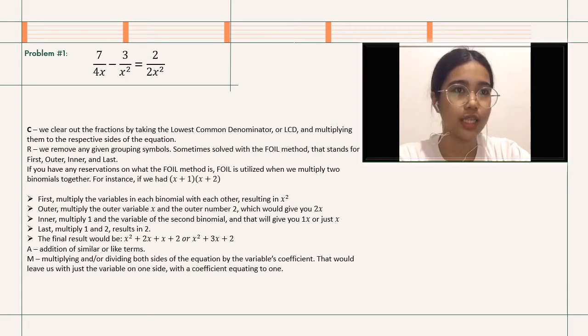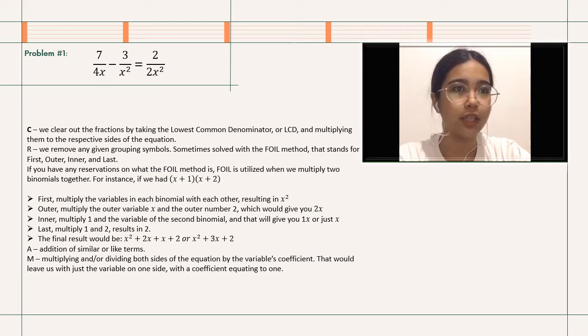For instance, if we had x plus 1 by x plus 2. First, multiply the variables in each binomial with each other, resulting in x squared. Outer. Multiply the outer variable x and the outer number 2, which would give you 2x. Inner.